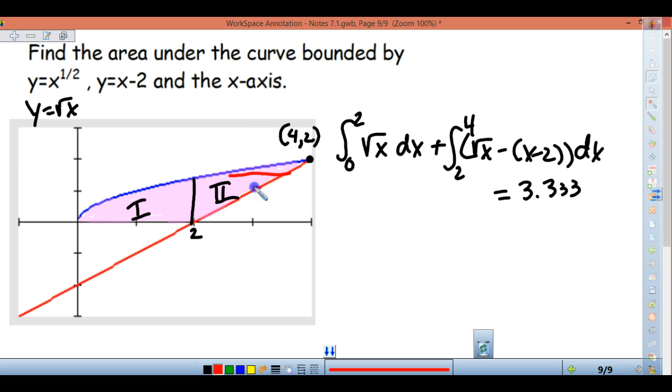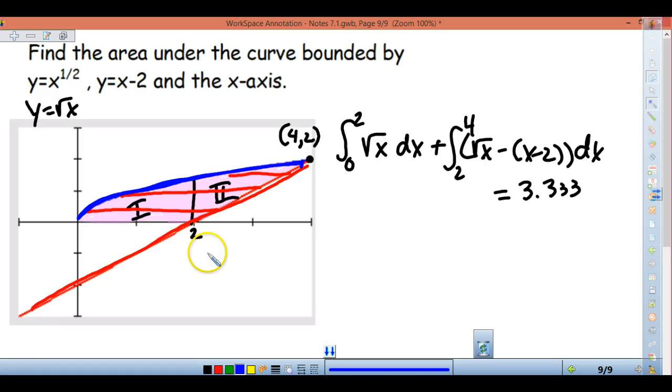Notice that in this region, when you go from right curve to left curve, the right curve is always the line, and the left curve is always the radical function. So we could find this area only using one integral if we had done this all in terms of y.